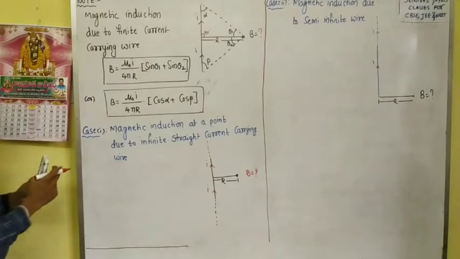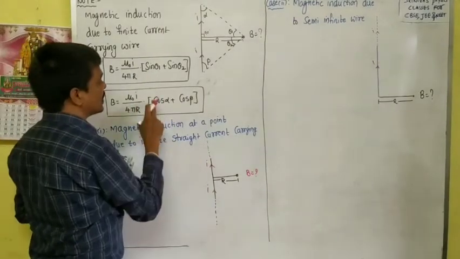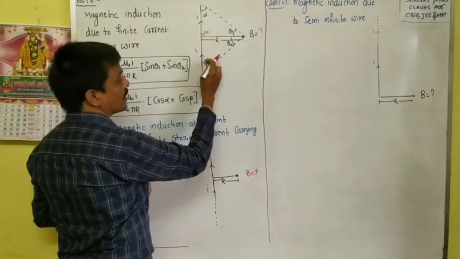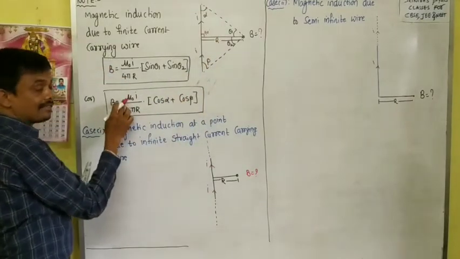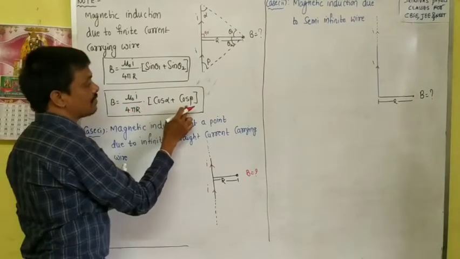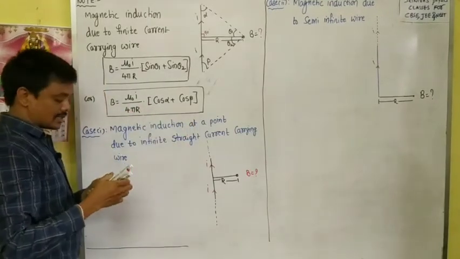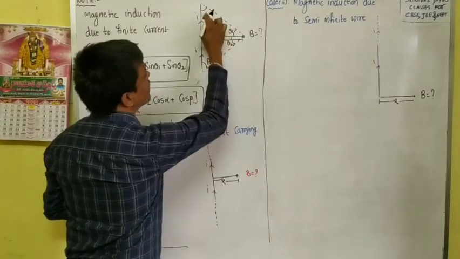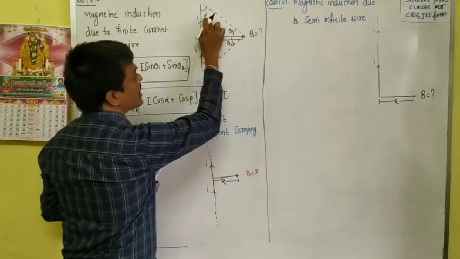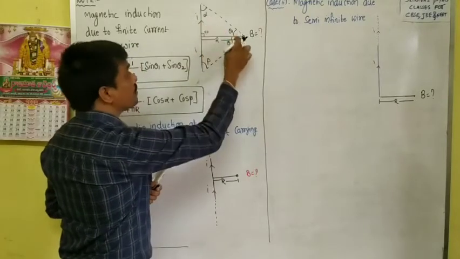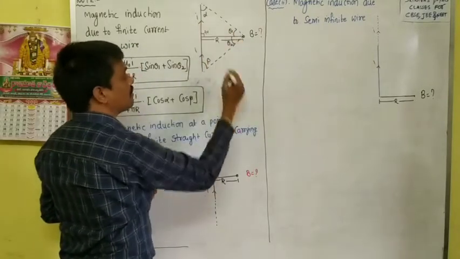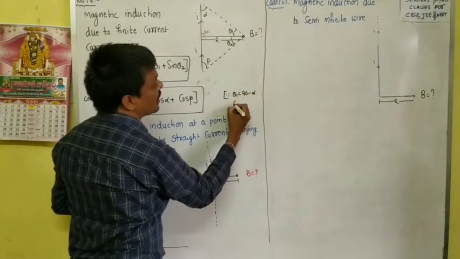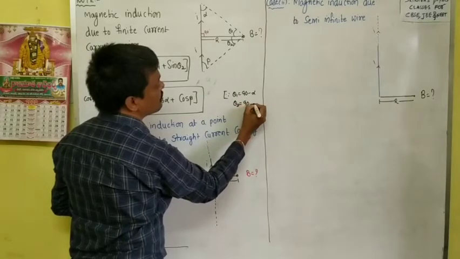Now this formula we can also write in terms of cos. Here alpha, here beta. Then the formula will be written as mu naught I by 4 pi r into (cos alpha plus cos beta). Why are we writing it like this? Because from the figure, theta 1 plus 90 plus alpha is equal to 180. If you want to change theta 1 into alpha terms, we get theta 1 as 90 minus alpha, and theta 2 as 90 minus beta.